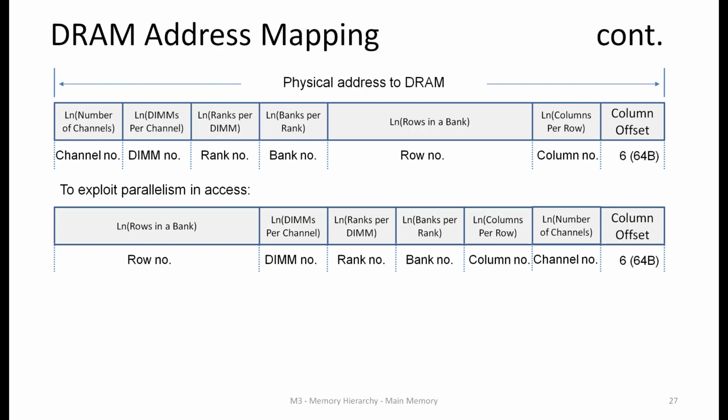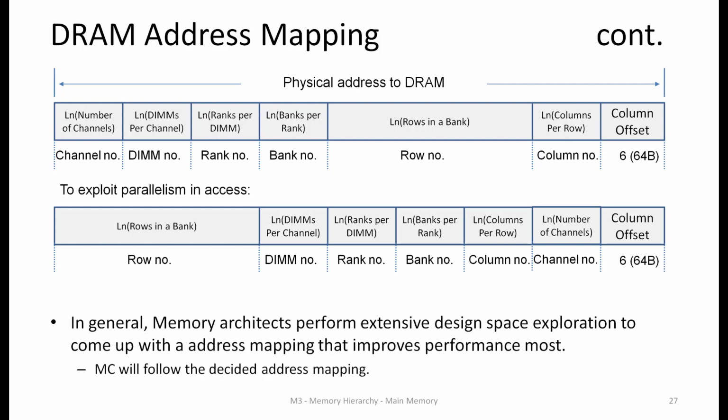This is one address mapping which has been explored quite extensively. In general, the memory architects consider all the target applications for which they are building this processor and do an extensive design space exploration with many possible address mappings and pick the one which would give the most performance.